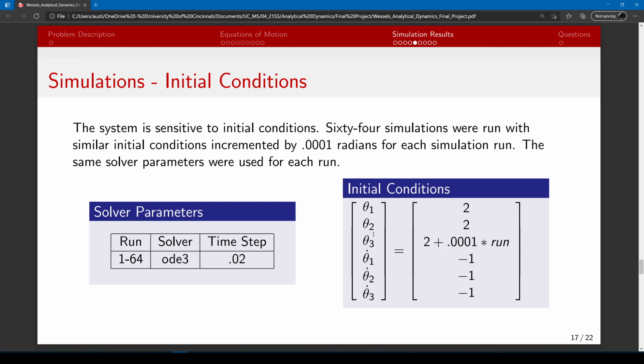We're varying our initial conditions by 0.0001 radians for each run. So the first run will have a theta 3 of 2.0001, and our 64th run will have an initial condition of 2.0064 radians for theta 3.